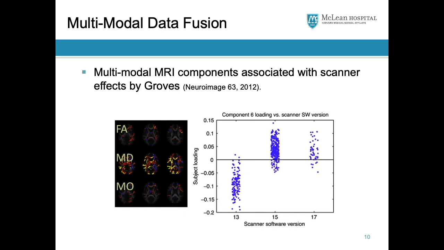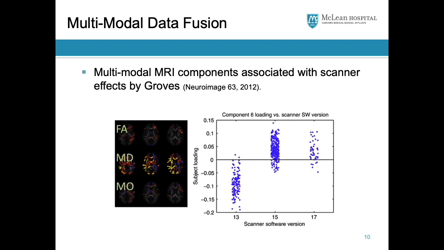So what really inspired us to develop this approach was the next paper published by Adrian Groves in 2012, in which he used linked ICA to look at aging effects across the lifespan. But he also reported several components that were associated with the scanner software upgrades that occurred during the data collection process.